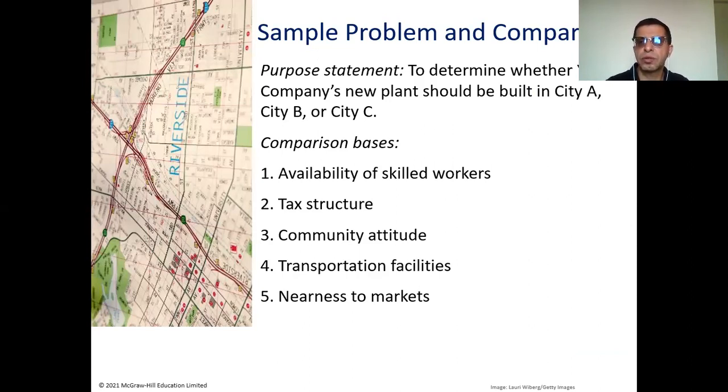Basically, you need a purpose statement: to determine whether Y company's new plant should be built in city A, city B, or city C. And you do a comparison based on the availability of skilled workers in A, B, or C, tax structures in cities A, B, and C, community attitude in city A, city B, versus city C, and transportation facilities and nearness to market.